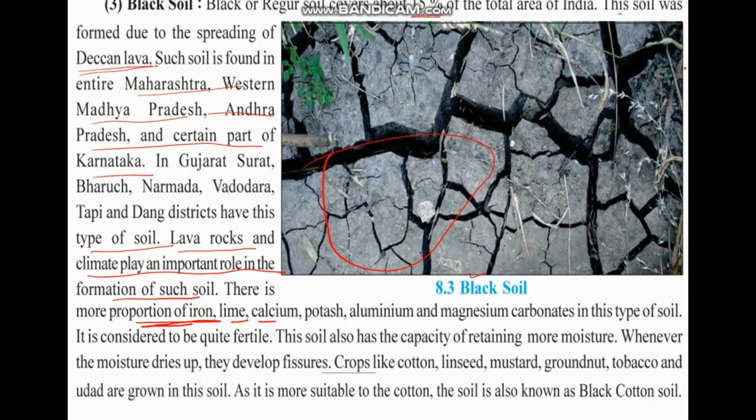This soil also has the capacity of retaining moisture for a very long time. Whenever the moisture dries up, it creates fissures, which means cracks. Crops like cotton, linseed, mustard, groundnut, tobacco, and urad are grown in this soil. As it is more suitable for cotton, it is also known as black cotton soil.